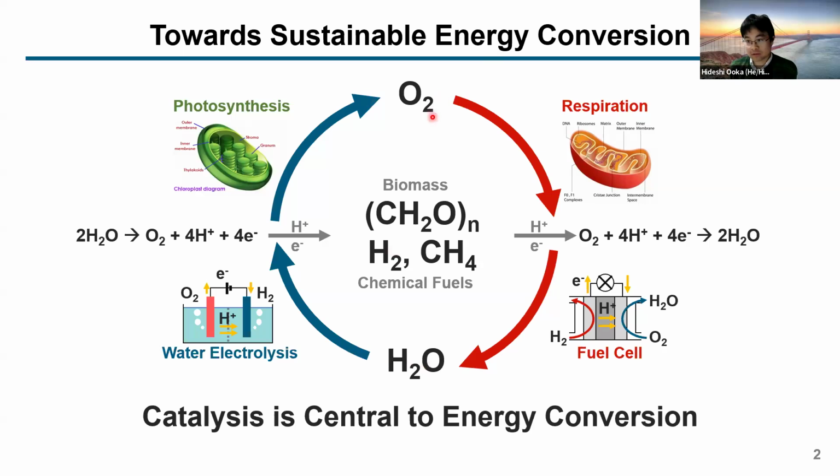Then in the fuel cell you can burn the hydrogen, combine it with oxygen, and you get water again. This cycle between water and oxygen is the energy material conversion that is happening in nature, and this is what the chemical engineers and technology people are aiming for in terms of increasing the sustainability of our society.